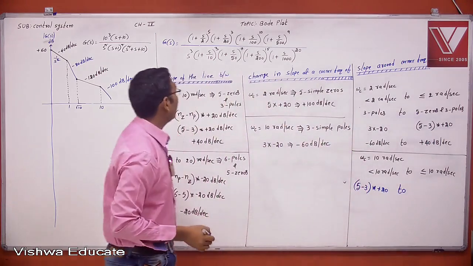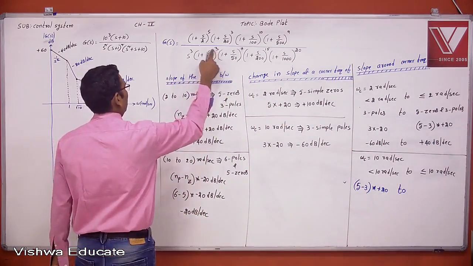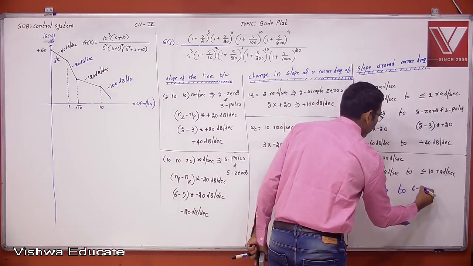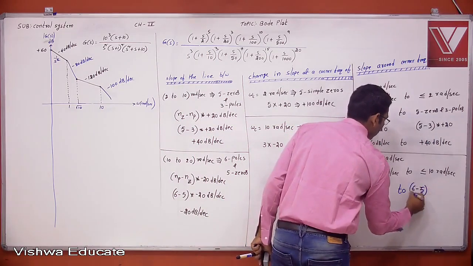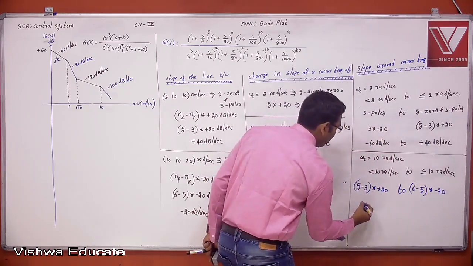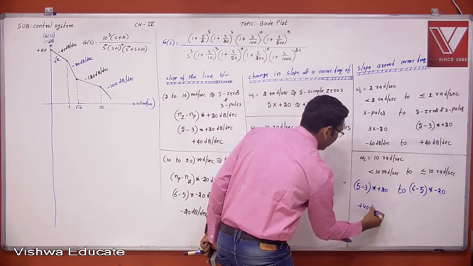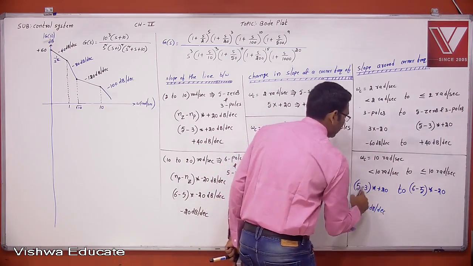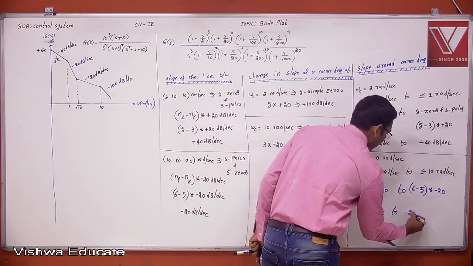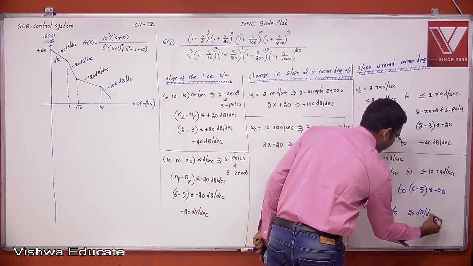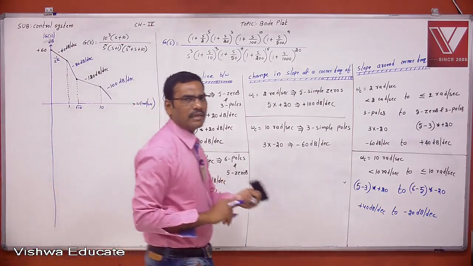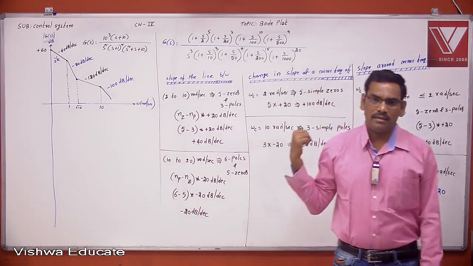Less than or equal to 10 radians per second means 6 poles, 5 zeros, multiplied with pole means minus 20. Now 6 minus 5, 1 into minus 20, minus 20 dB per decade. Okay, now this is very simple. You just take everything for any problem without drawing the Bode plot. This is the procedure you can follow.